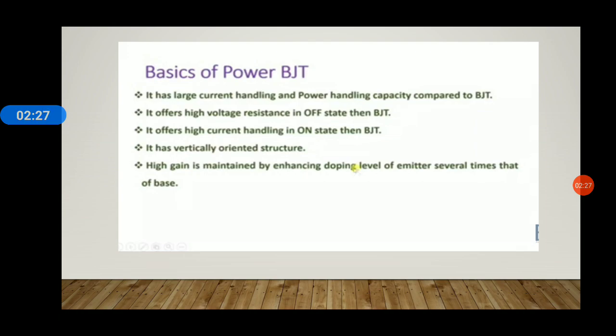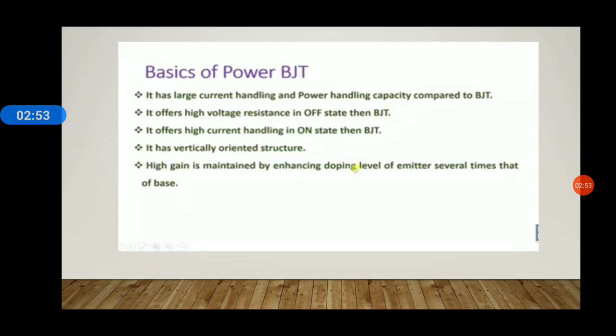I've told you that all power devices should have vertical structures. Now, same is the case with power BJT. Why vertical structure? That we have discussed or we will be discussing in the later stages of the video.